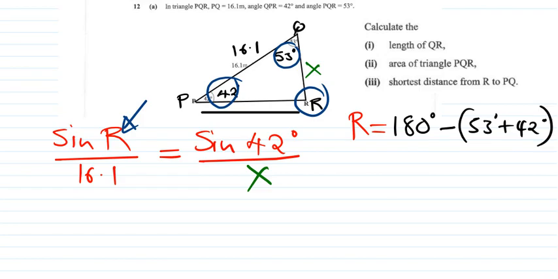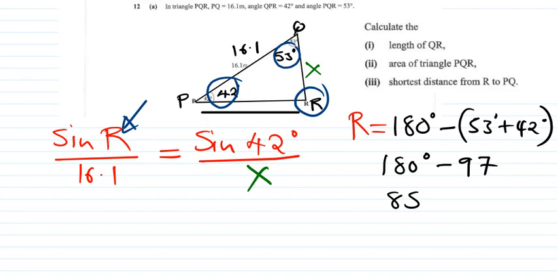So what do you get when you subtract? 42 plus 53, that's 97, right? Now 180 minus 97 is 85. Let me do my calculations. 53 plus 42 is 95 actually.